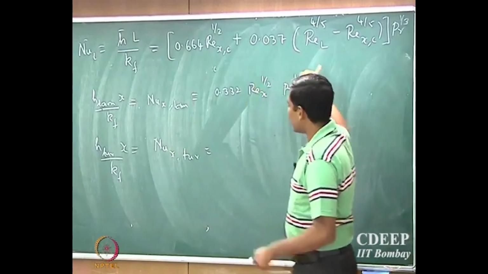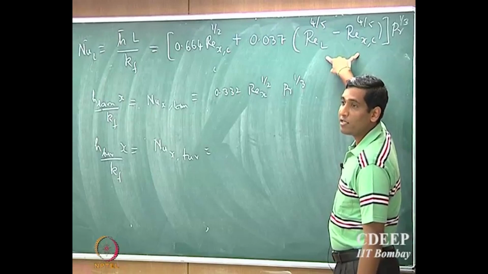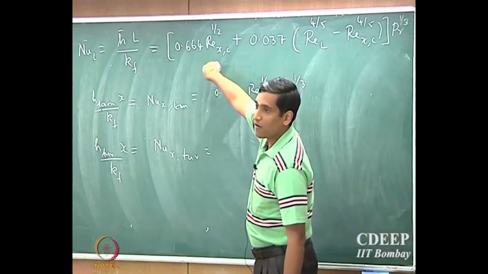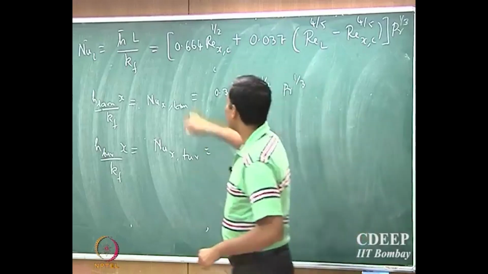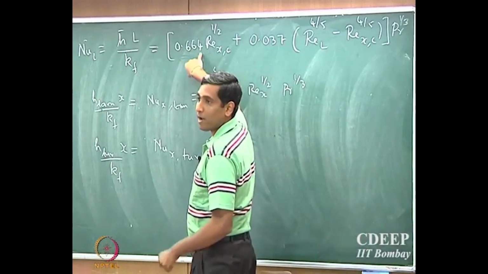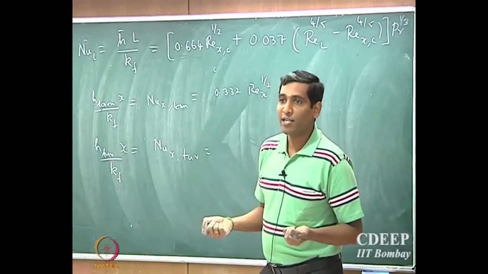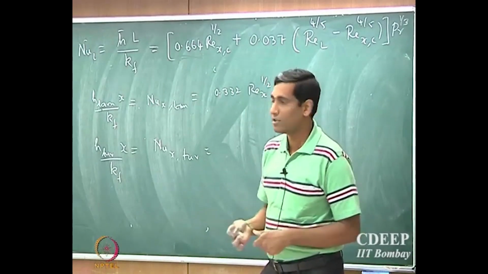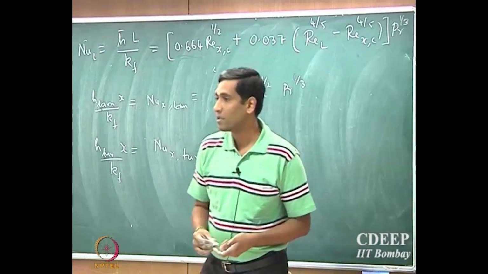And so clearly you can see that the second term here corresponds to the integration in the turbulent regime, and the first term corresponds to the integration in the laminar regime. You can clearly see that there is a 0.664 that comes here. That is nothing but the average Nusselt number in the laminar condition, and this is the average Nusselt number in the turbulent condition.